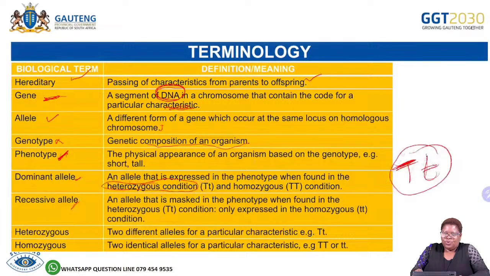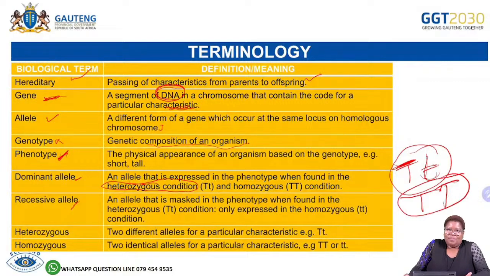They are not the same, hence we are saying they are in a heterozygous condition. A dominant allele is expressed in the phenotype when found in the heterozygous condition and the homozygous condition. We say they are homozygous because they are the same. Two capital letters, they are homozygous, right?